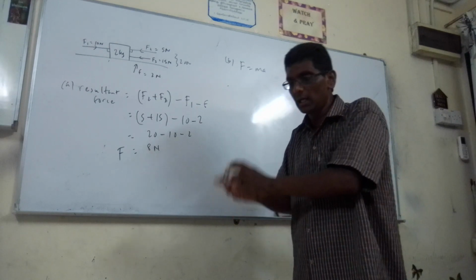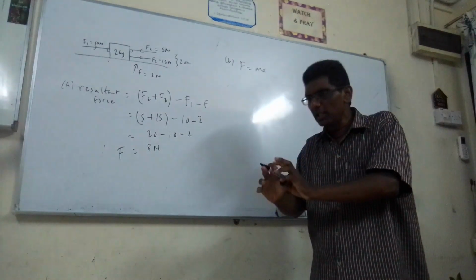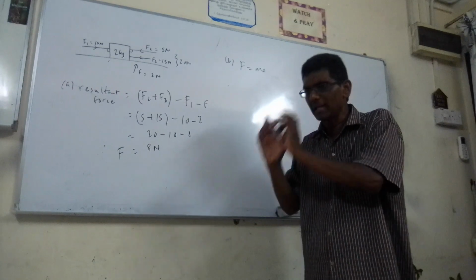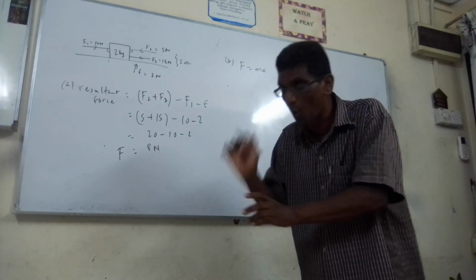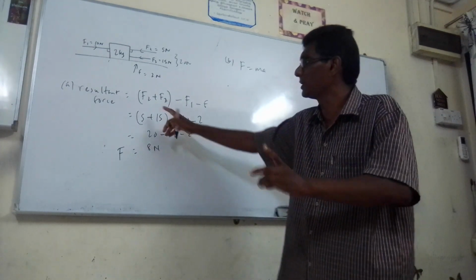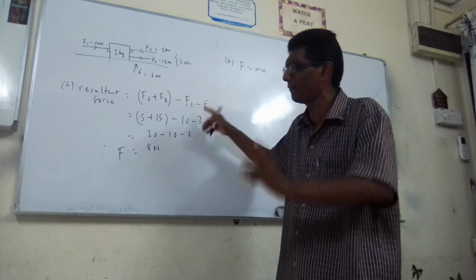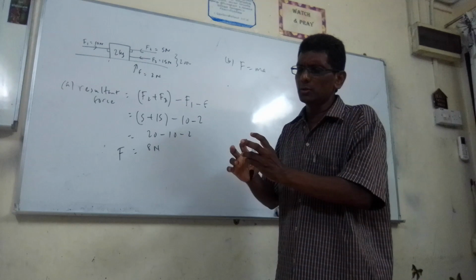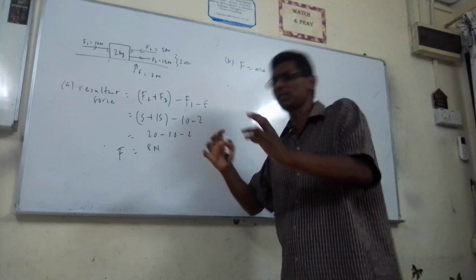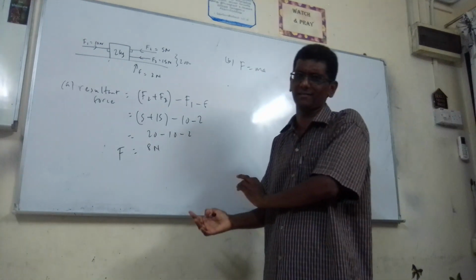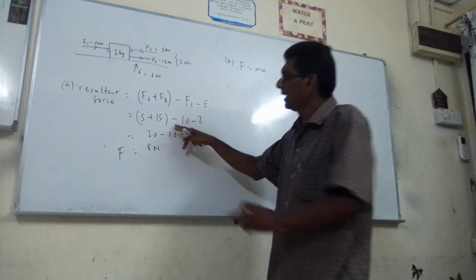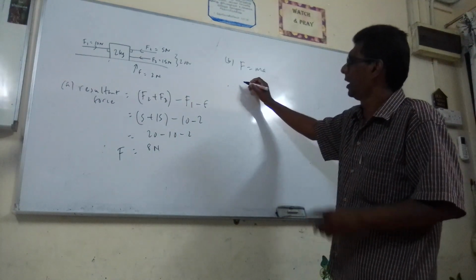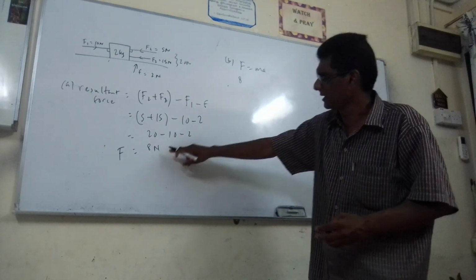So you combine F2, F3, F1, all these forces. Same direction you plus, opposite direction you minus, and friction you minus. So you combine all together and get 8 Newton. So 8 Newton is the resultant force.